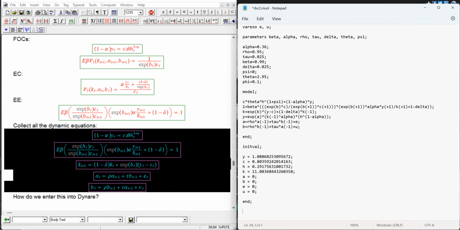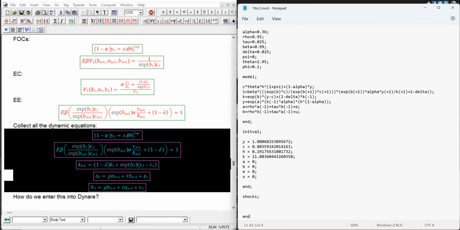Finally, we write a section called shocks. And what we do there is we're telling Dynare what are the values of the standard deviations. So first, var E is going to tell it what's the variance of E. We're going to tell it that the standard error of this variable is 0.009. We'll do the same for u.